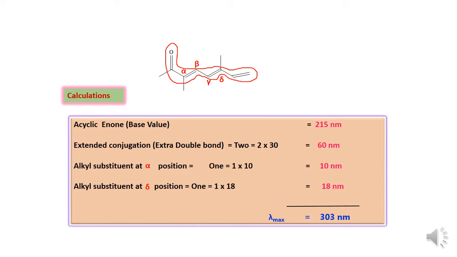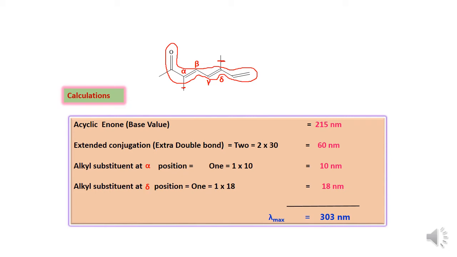So in this compound you will get the alkyl substituents at the position alpha. So there is one alkyl substituent at alpha position, beta there is no substituent, gamma there is no substituent, but at delta you will find one alkyl substituent.